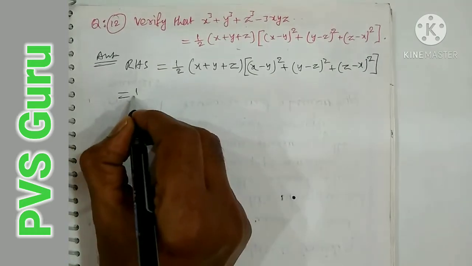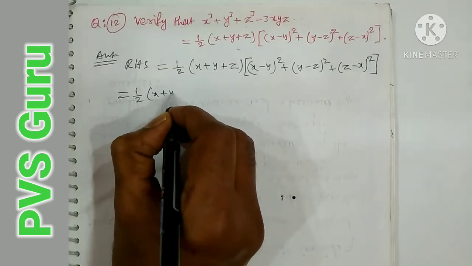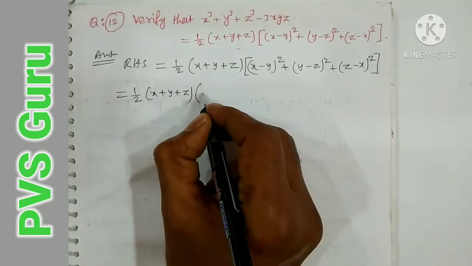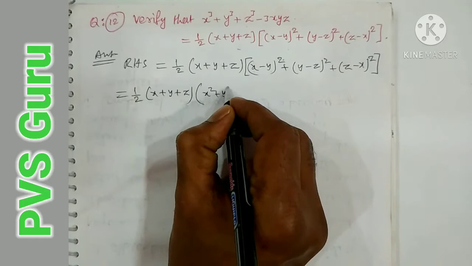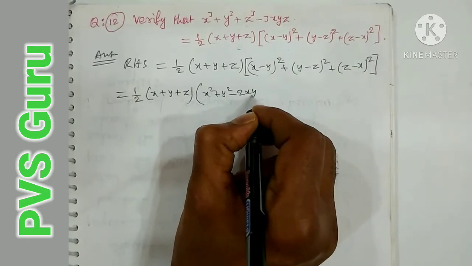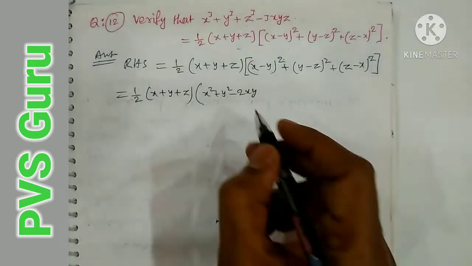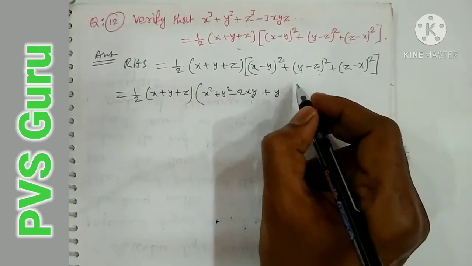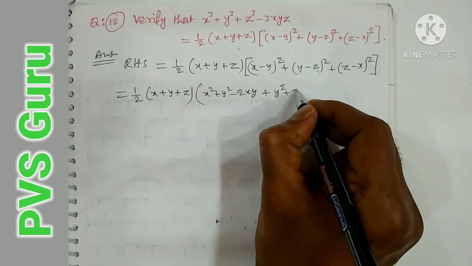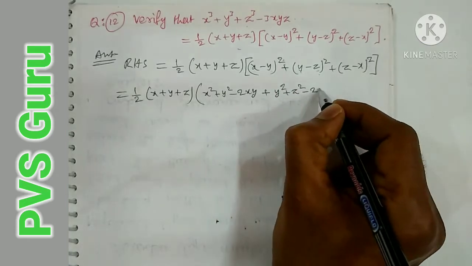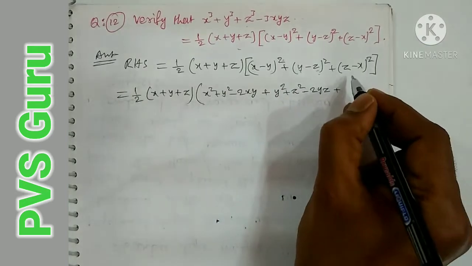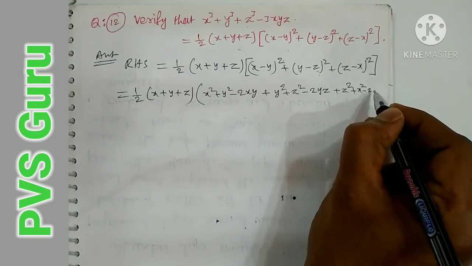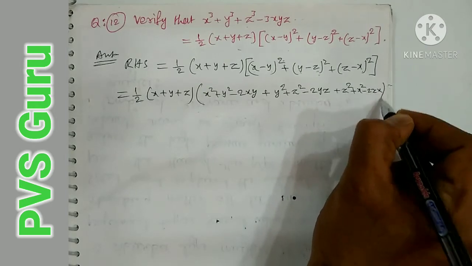So this is 1 by 2 x plus y plus z into, here the a minus b whole square formula, a square plus b square minus 2ab. This is the second identity. Plus this is also an a minus b whole square formula, y square plus z square minus 2yz, plus a similar formula, z square plus x square minus 2zx.